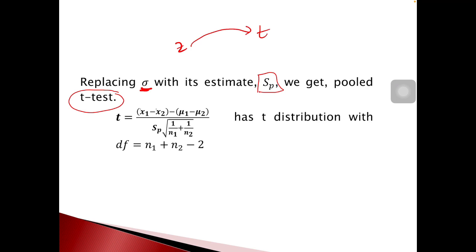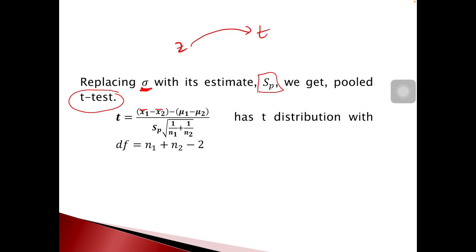The formula is exactly the same as what we saw last time. T equals x1 bar minus x2 bar minus mu1 minus mu2, divided by Sp, where sigma is replaced by Sp, times the square root of 1 over n1 plus 1 over n2.